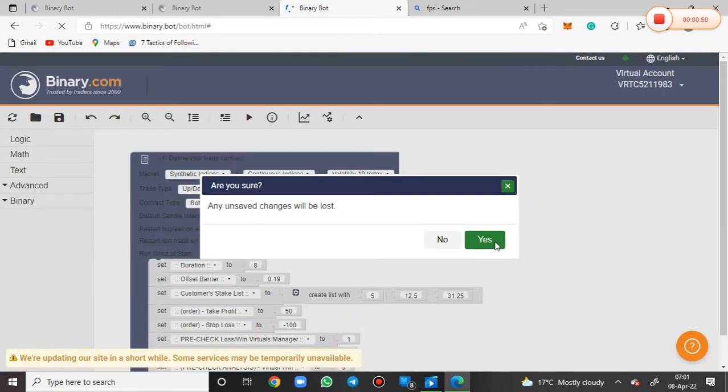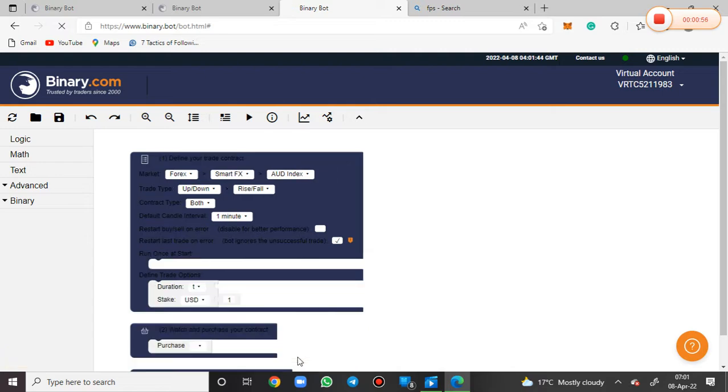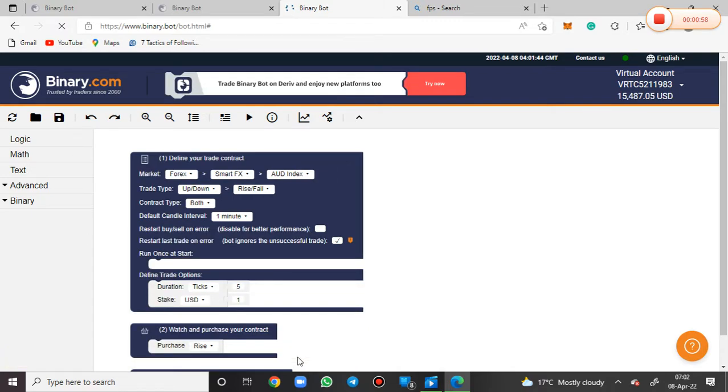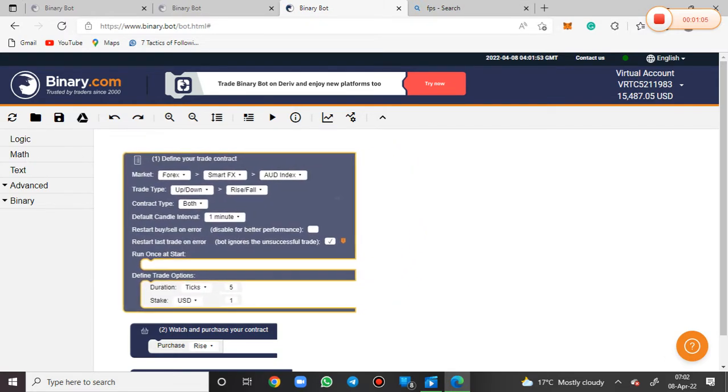So generally, this is the default layout of the bot. When you just have an account, it comes with nothing, no settings in it. But still, the bot can run and make you money.